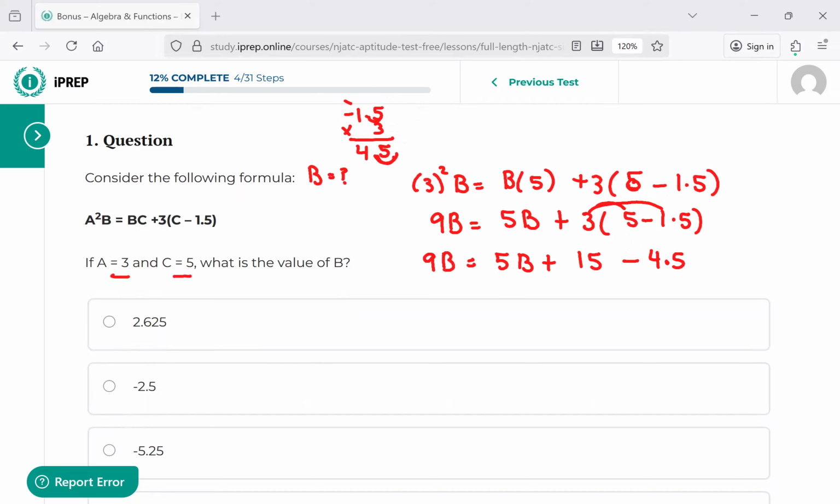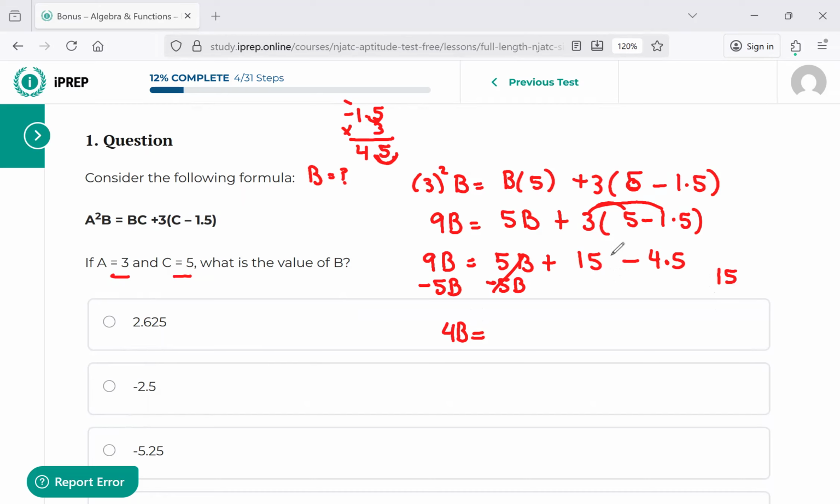So now what I would do is get all the b's on one side. I'm going to subtract 5b from both sides. Then 9b minus 5b is 4b. And then over here, what's 15 minus 4.5? You need to know how to subtract decimals because you can't use a calculator. What you have to do is line up the decimals.